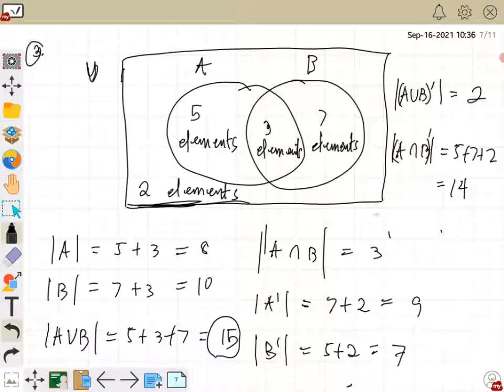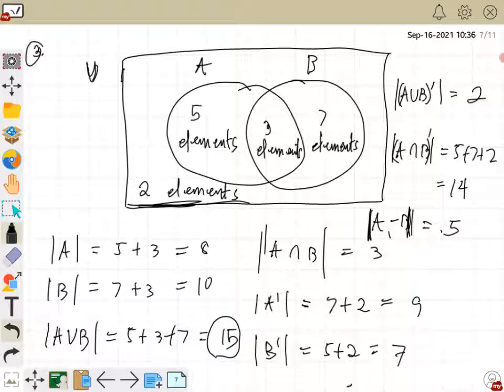Okay, how about if we say A minus B? Only A, not including B. The set A minus B, in lesson 5, means those elements in A that are not present in B, only in A, not in B. Since we talk about cardinality, it means how many elements are there in A only, not including B. So that is 5.